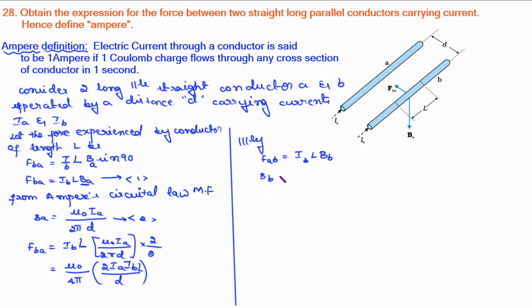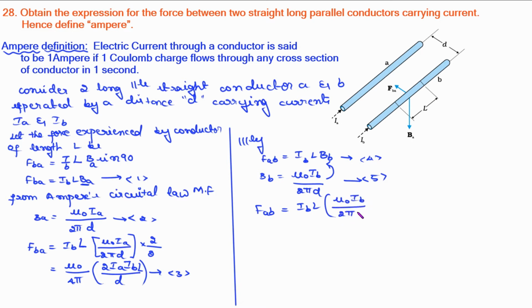Similarly, BB is equal to mu naught IB divided by 2 pi D. This is equation 3, and this is 4, this is 5. Substitute 5 in 4. So FAB is equal to IB L mu naught IB divided by 2 pi D.